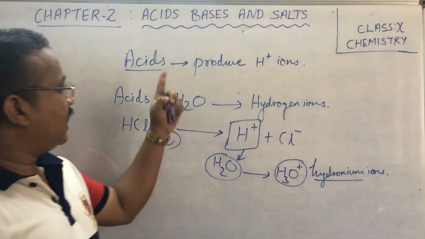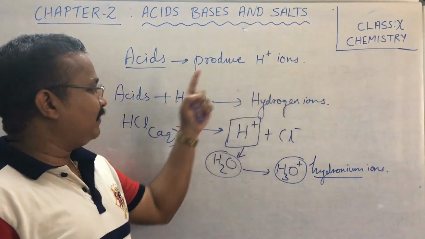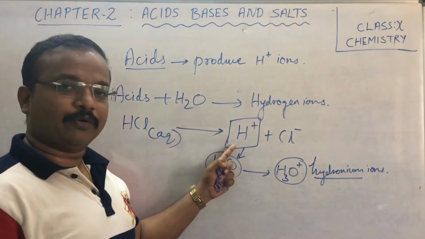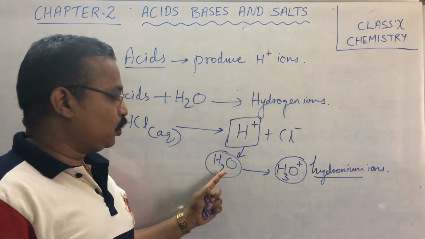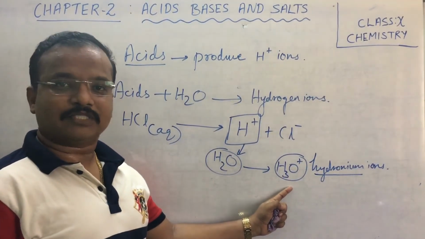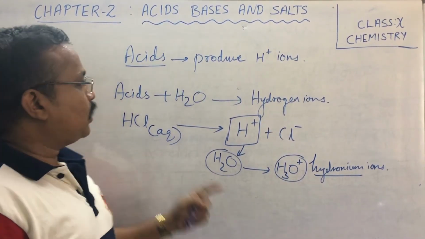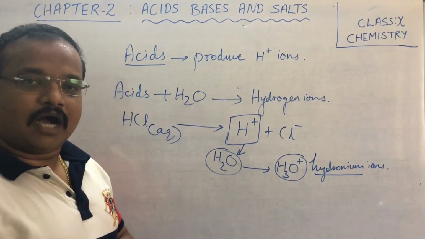Let me repeat. Acids are substances that produce H+ ions when they are dissolved in water, and these H+ ions combine with the water molecules, that is H2O molecules, and produce H3O+, that is, hydronium ions are produced. Okay, so acids are substances which produce hydronium ions in aqueous media.